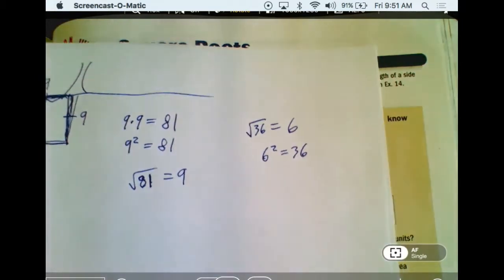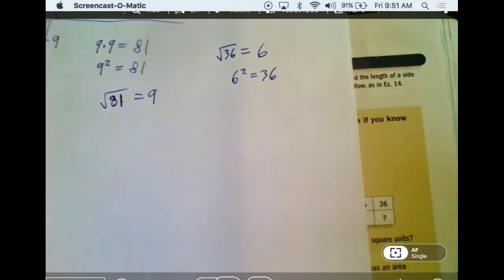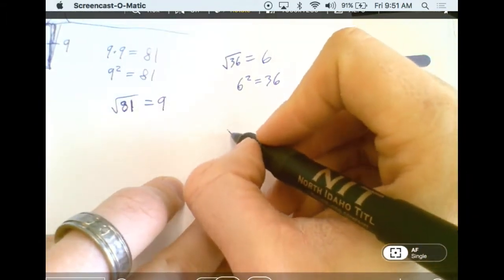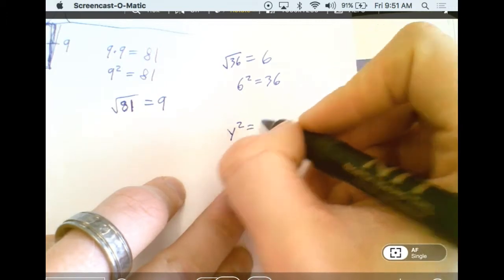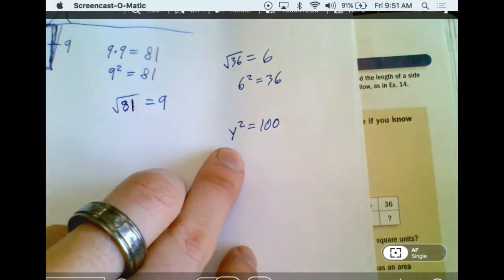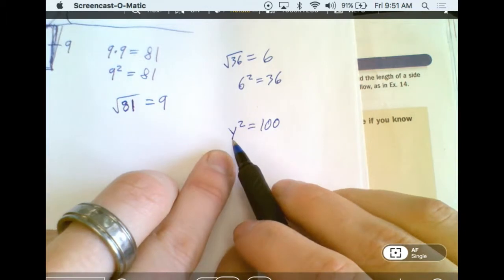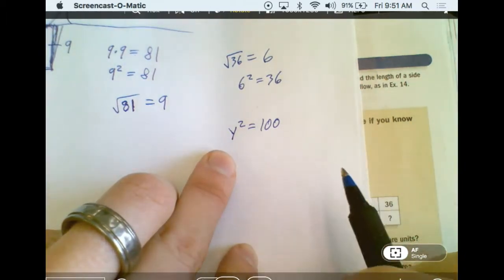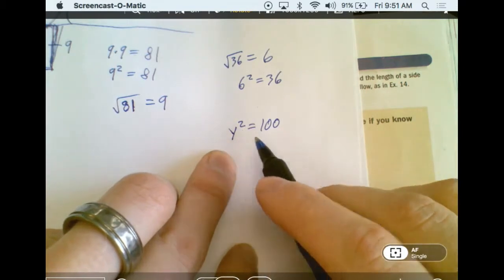Now watch this. Those of you that are moving on to algebra soon. If I had a problem like this, y squared equals 100, and I told you to solve that using algebra, you would think, I need to get y by itself, and I need to do something to both sides to get rid of that square.